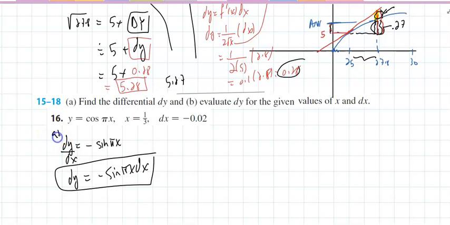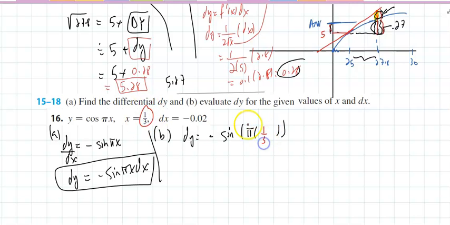So this is part A we did. Part B says evaluate dy. Well, let's see. dy would be negative the sine of pi times x, where x is 1/3, times dx, which is negative 0.02.